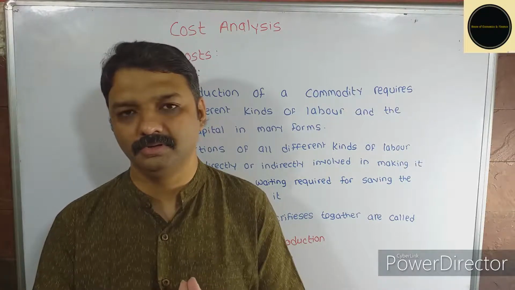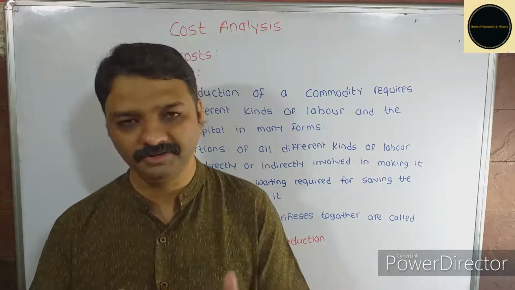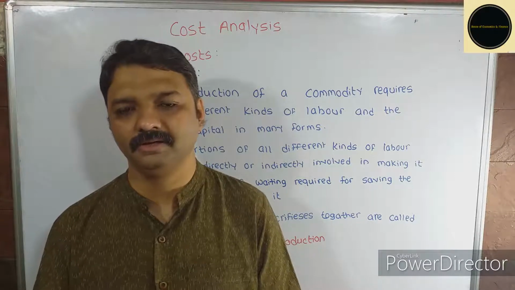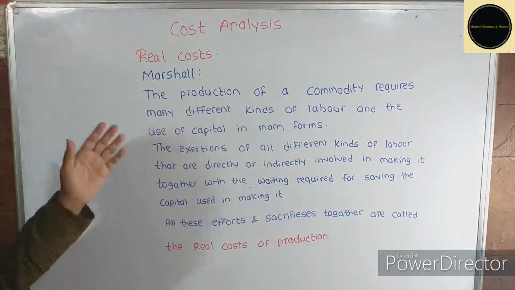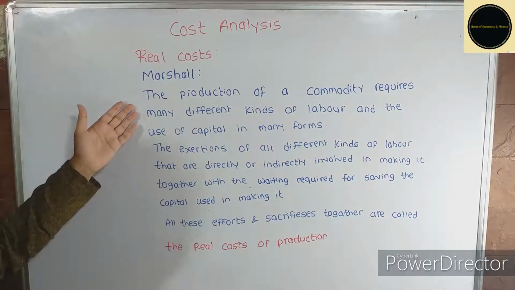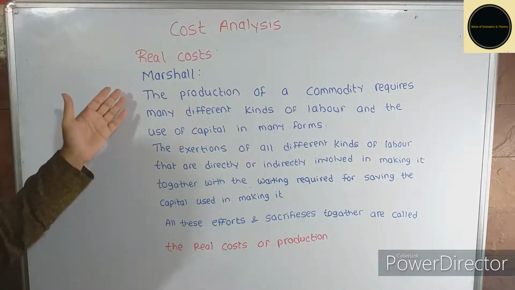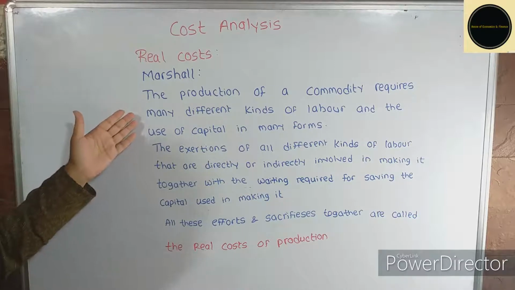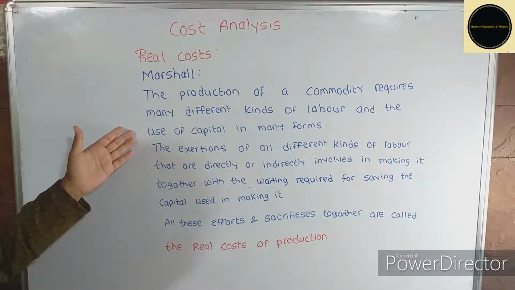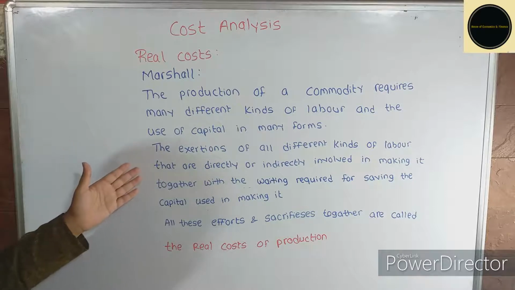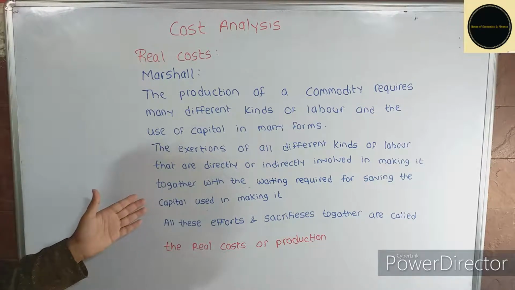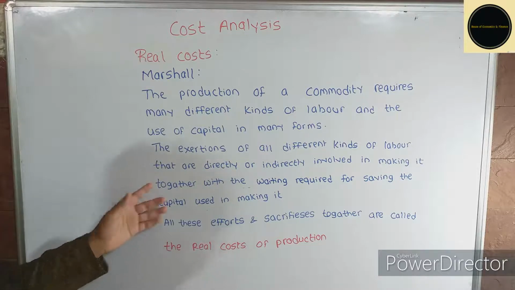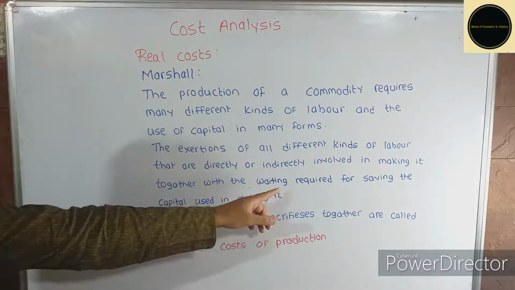So in Marshall's words, we can define the real costs as follows. The production of a commodity requires many different kinds of labor and capital. The exertions of all the different kinds of labor that are directly or indirectly involved in making it, together with the waiting required for saving the capital, that is nothing but sacrifice.